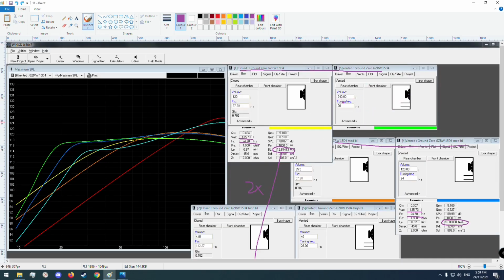You can see right here, this green line moves really smoothly down to 20 Hertz, tuned from a 240 litre box. The blue line is 120 litres with a slightly higher tuning in order to still keep a nice curve. So it is just as loud for the most part, except this one starts to roll off at maybe 22 Hertz, whereas the other one works a bit better down to probably 30 Hertz.